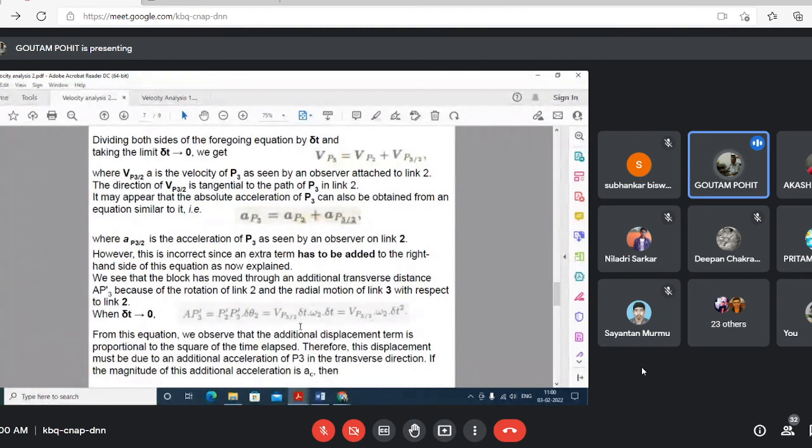This distance is nothing but this velocity into this time. And what is this angle? Omega 2 is the angular velocity of the link 2, and if delta t is the time taken, then omega 2 delta t is the angle.